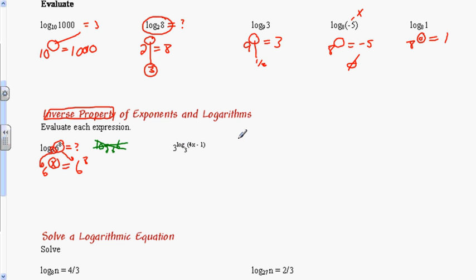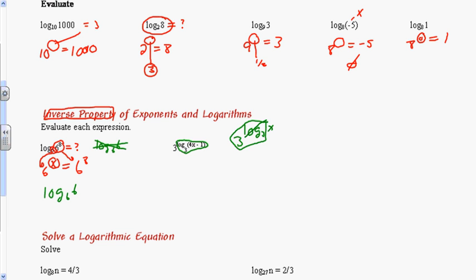This one, same idea. Now, this is a very complex looking exponent. Okay, but let's just say it looks like this. 3 to the log base 3 of x. These two things are inverses of each other, just like when we have log base 6 of 6.